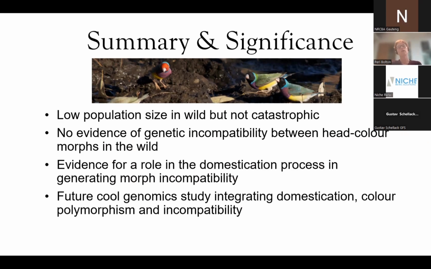And we found the start of some evidence for a role of the domestication process in generating this morph incompatibility that Sarah found. We're going to follow this up with cool genomics work. We're going to sequence the entire genomes of wild and domesticated birds to get a really focused look at what genes might be involved and what's different between domesticated and wild birds.